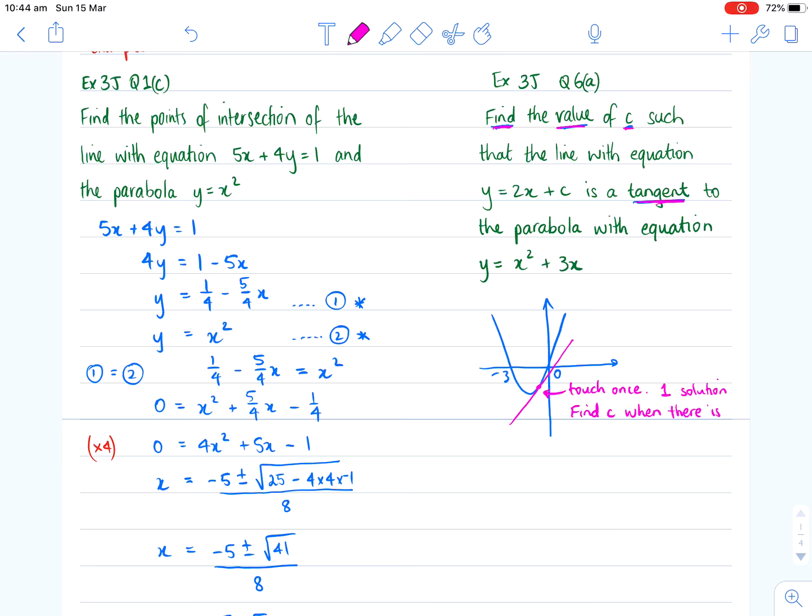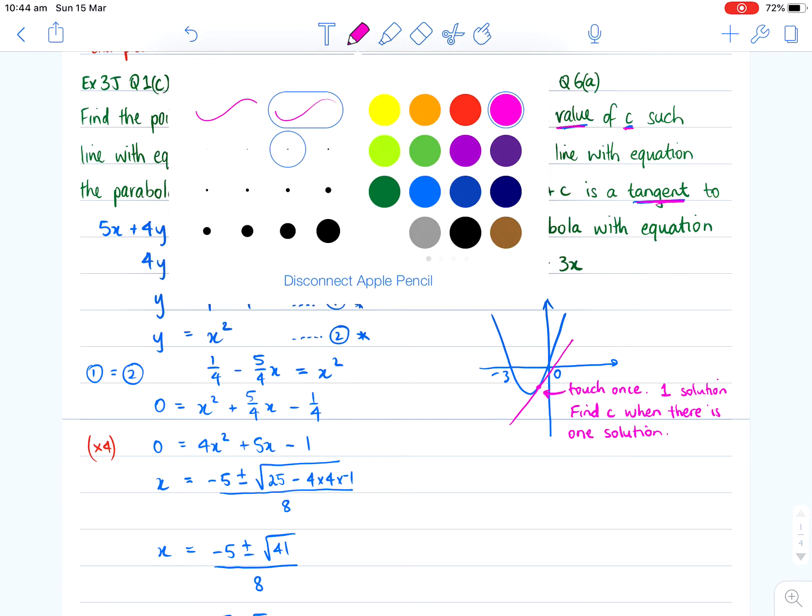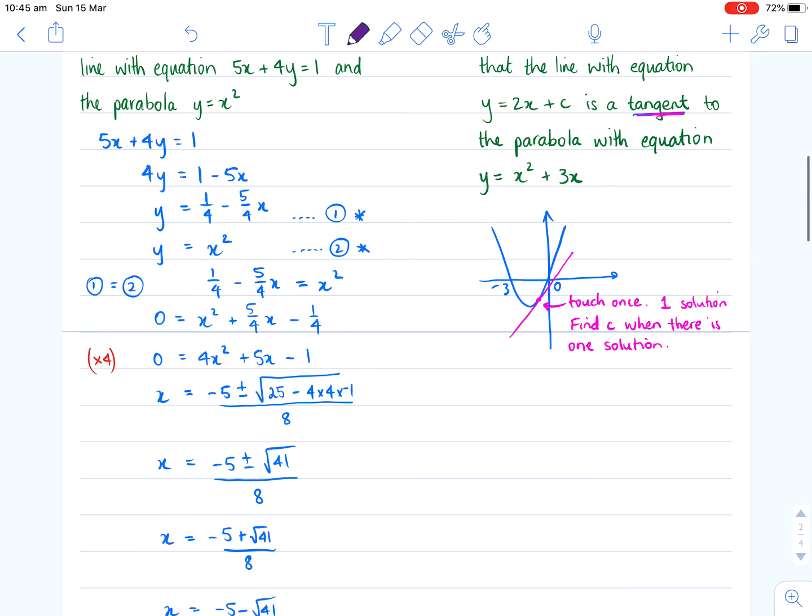And then that starts me thinking about, well, what maths can I use? The maths that I can use that tells me how many solutions is the discriminant, b squared minus 4ac, which needs to equal 0.